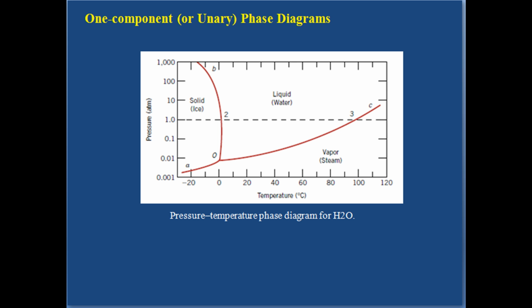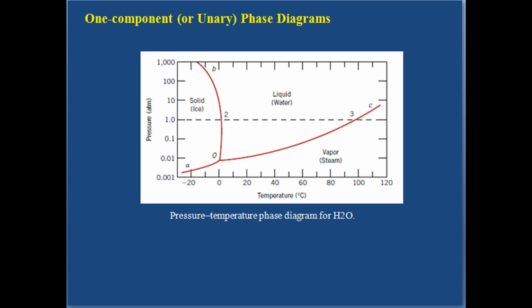Appropriately, this and any other point on the pressure temperature phase diagram where three phases are in equilibrium is called a triple point.